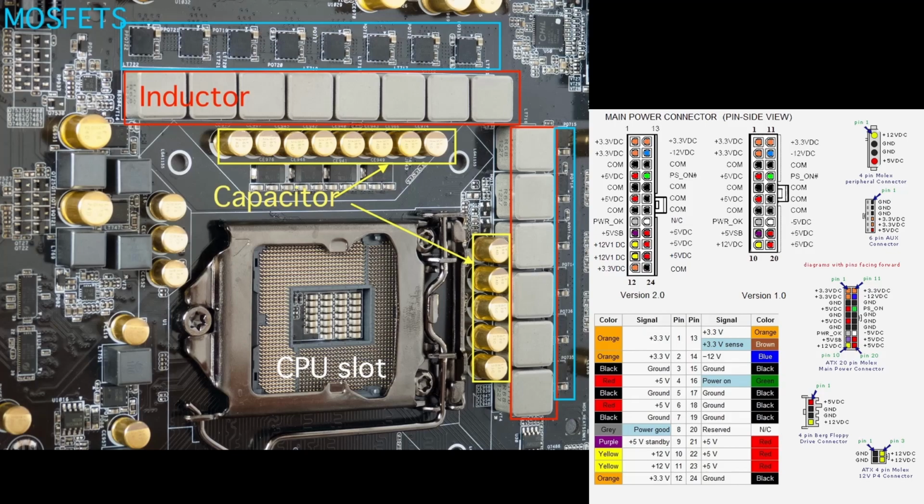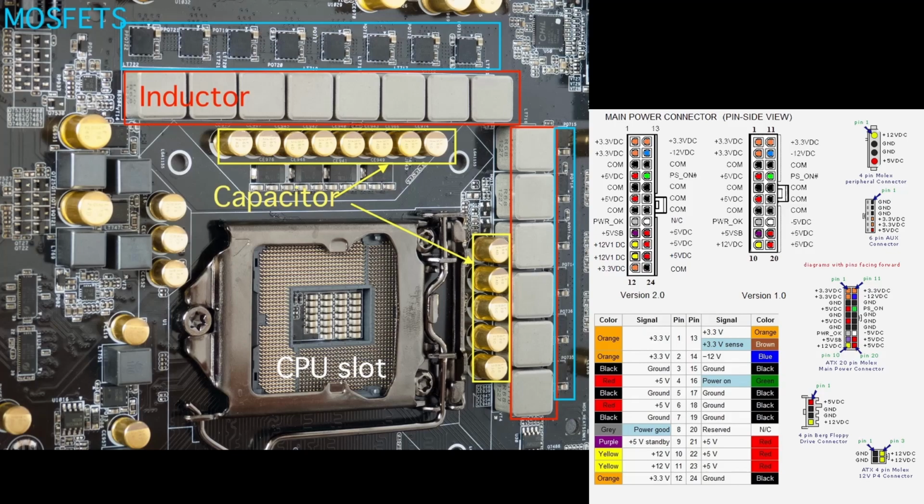Each time the CPU switches gates on and off, it pulls power draw. One IC, ultimately one MOSFET, might not be able to handle that power draw as it will get too heated. So they split that up between several different modules.